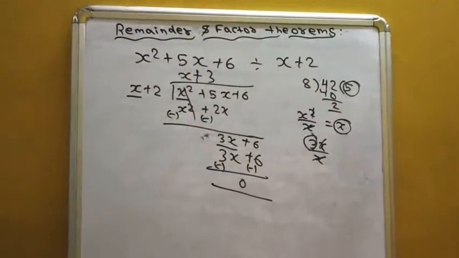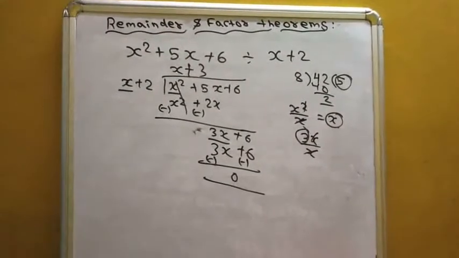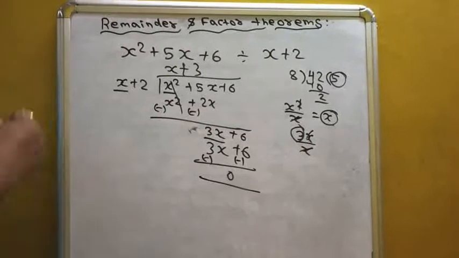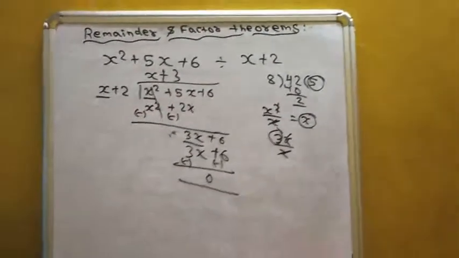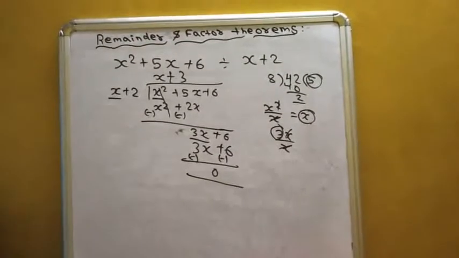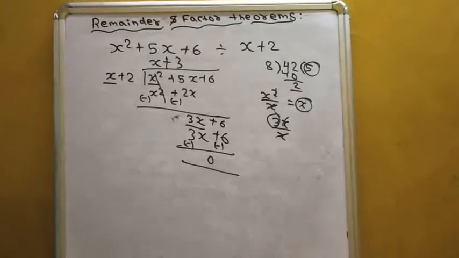But you did actual division. Without division, how can you find the remainder? That is known as the remainder theorem, or the method of finding the remainder without actually performing the process of division is called the remainder theorem.